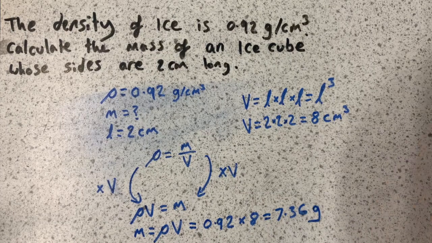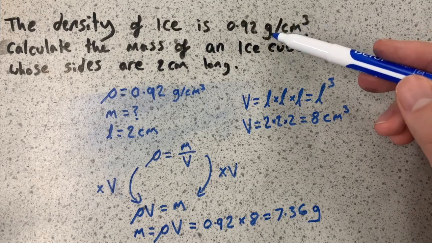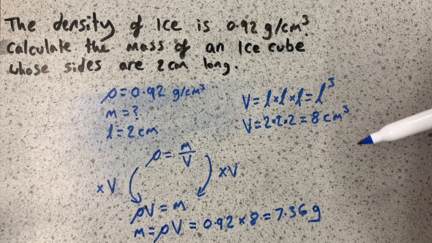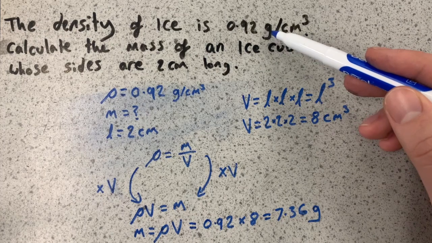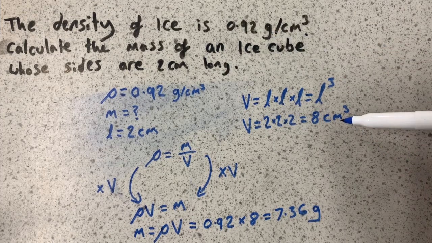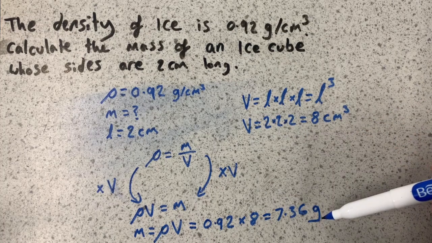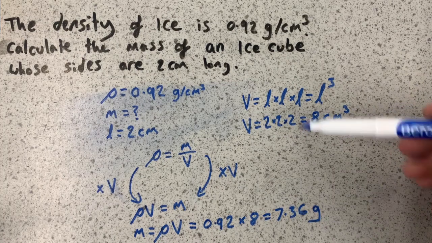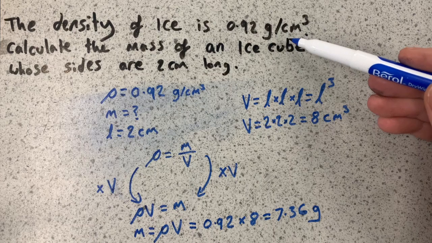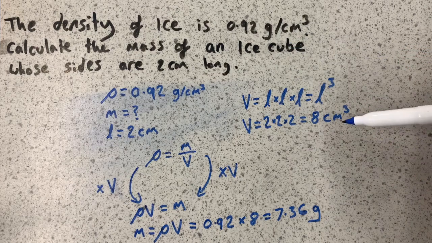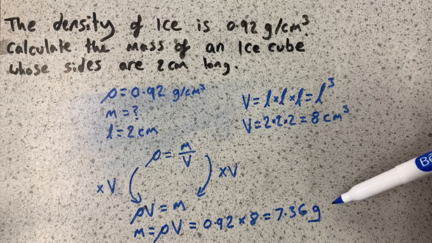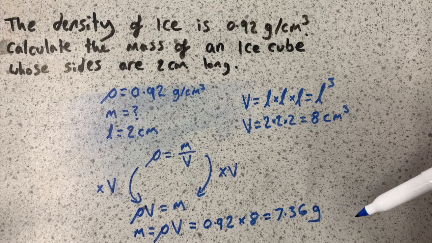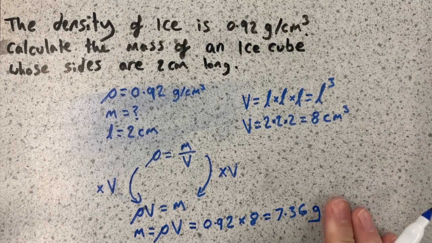Now, grams isn't the standard unit for mass, but with density, we quite often measure our densities in grams per centimetre cubed. So our densities in grams per centimetre cubed, our volumes in centimetres cubed, so our mass is going to come out in grams. But just be careful, because sometimes this could be kilograms per metre cubed. And then this would need to be metres cubed, and then this would come out in kilograms. So we need to be careful of the unit systems here, but essentially that's how we do it.